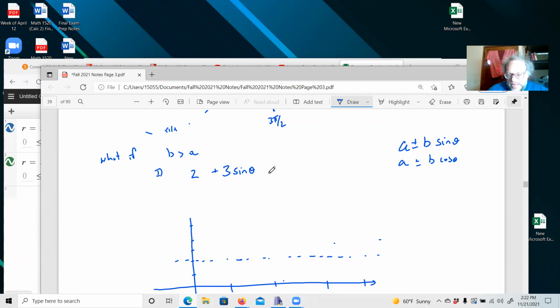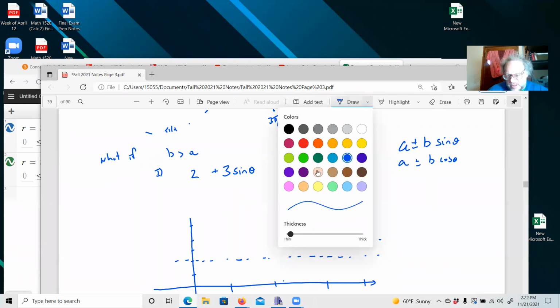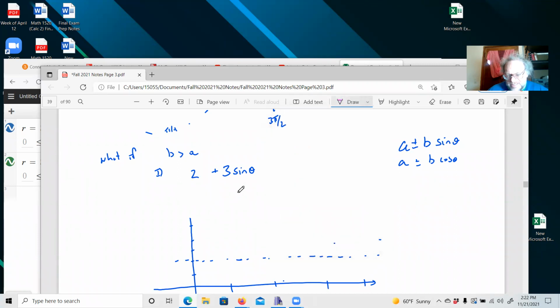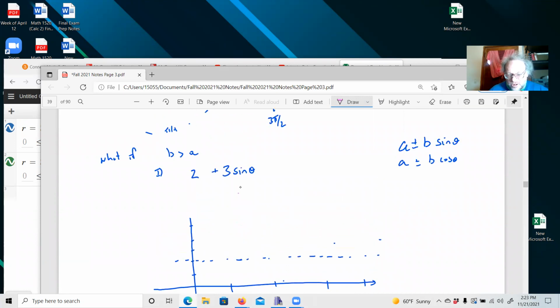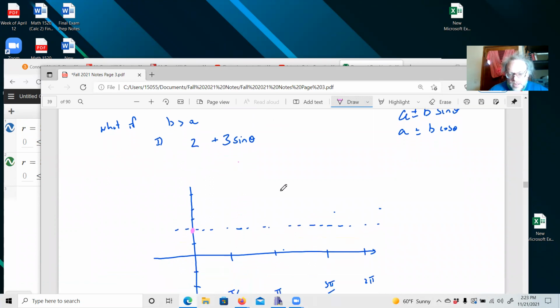So my idea here with sine is I've got to deal with 3 sine theta plus 2. That's my r. So at 0, sine of 0 is 0, so we're just here at 2. We'll go here at pi and at 2 pi. Sine is 0 in all those cases.